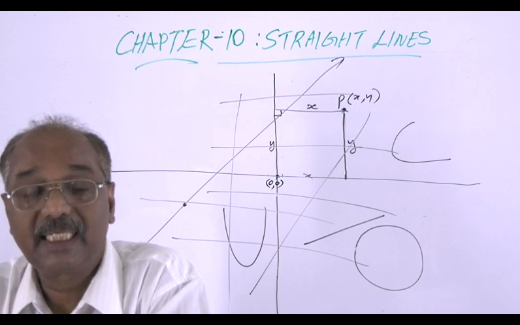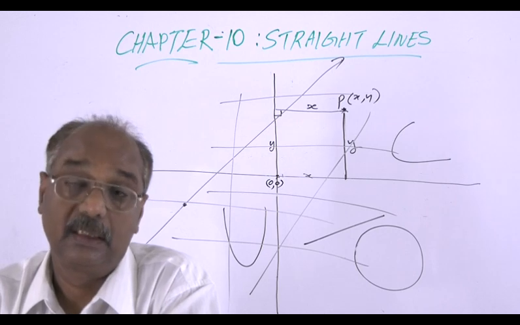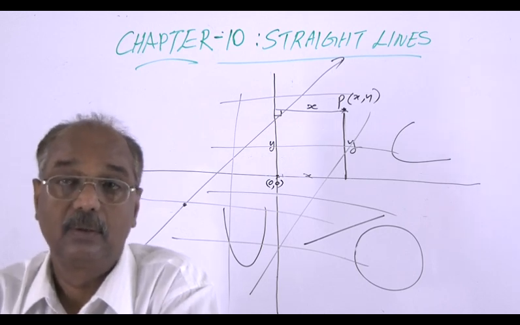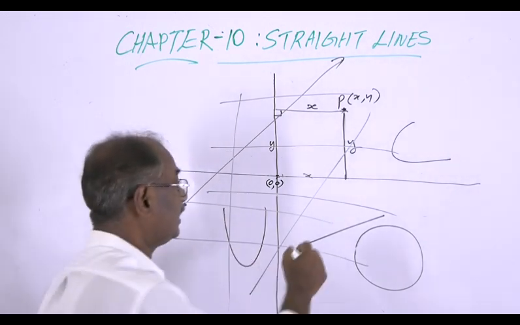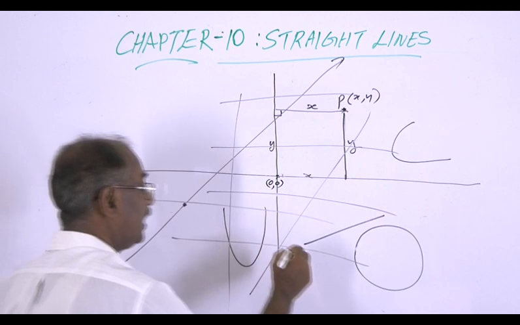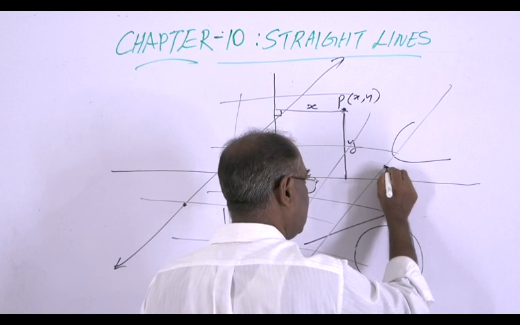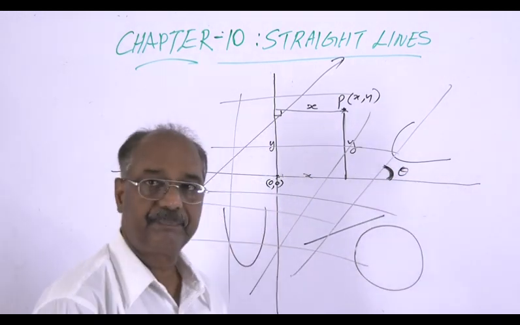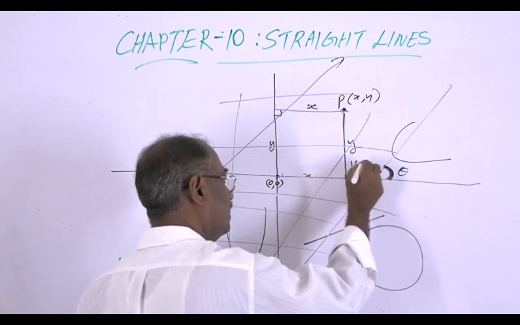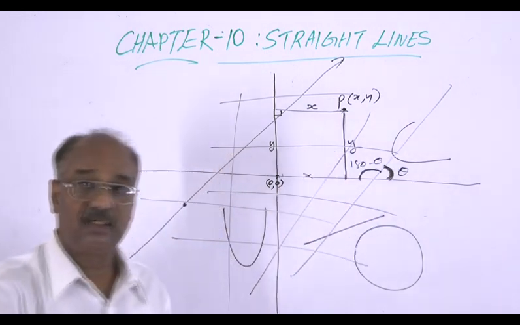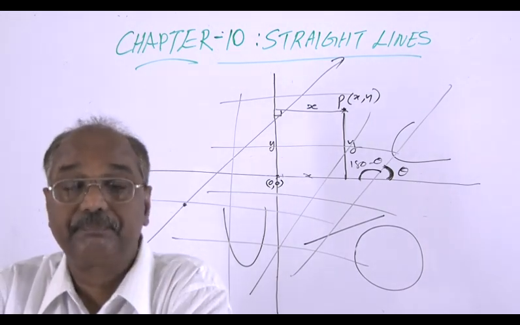So if the line makes a certain angle with the x-axis, we can see that there are two angles. One angle is made by the line with the positive direction of the x-axis. Suppose this is the line, then this angle, theta, is made by the line with the positive direction of the x-axis, and the next angle is the remaining 180 minus theta, the supplementary angle.